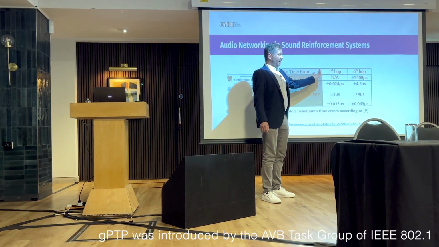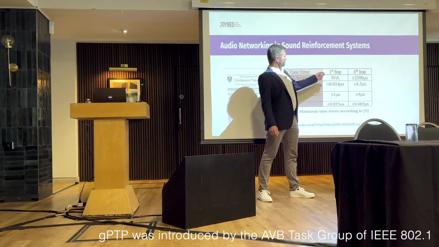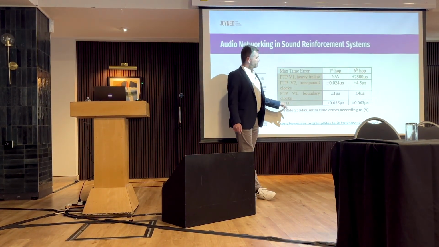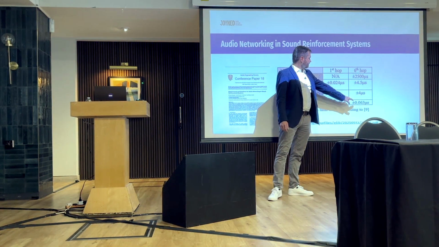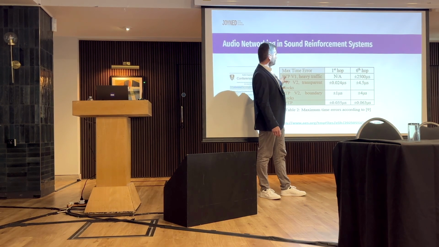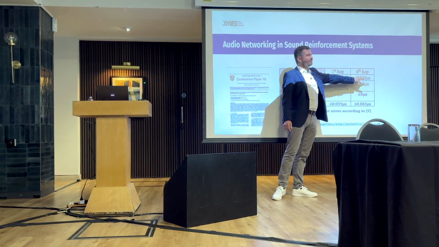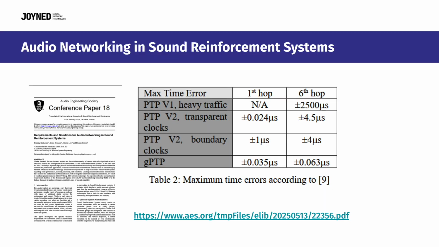And of course, it now can get very complicated depending on the number of hops, but let's take an example of 6 hops. You can see that in the gPTP network, we get an error of 0.063 microseconds. Then if we look at PTPv1, that's the worst case where we get 2,500 microseconds error in the reconstructed clock.